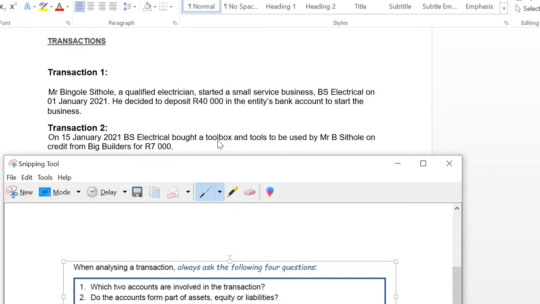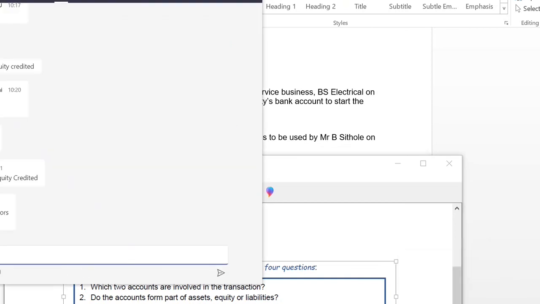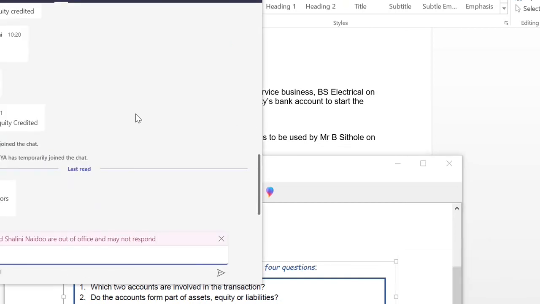So I'm going to call it toolbox equipment. Basically, this is an asset that the owner is going to be using for a couple of years to perform his service to his clients. Because remember, he's an electrician.